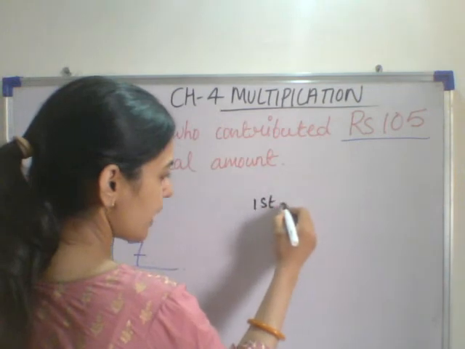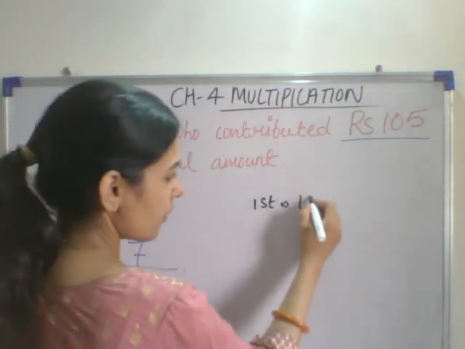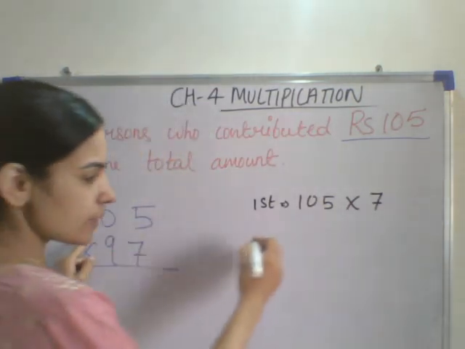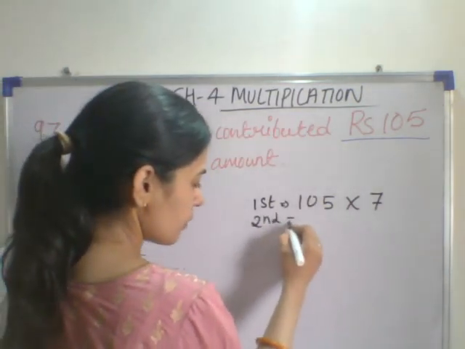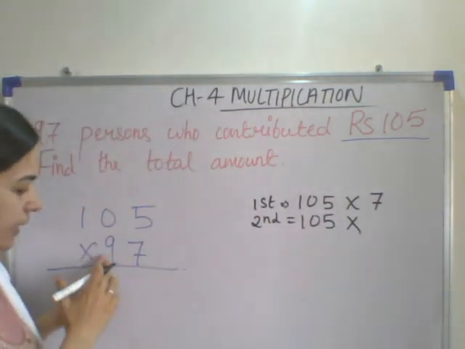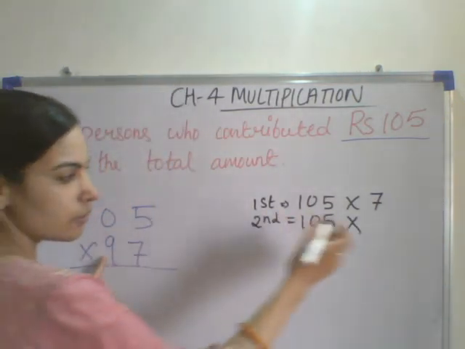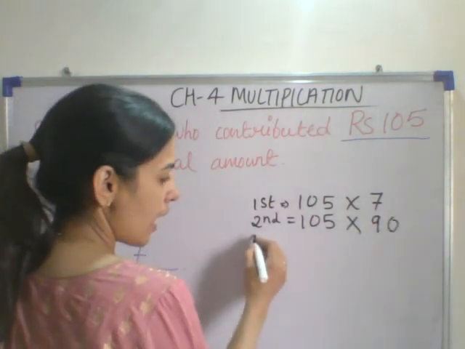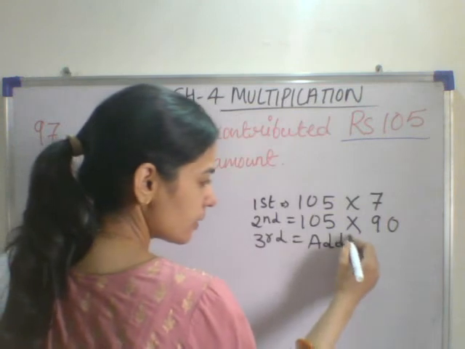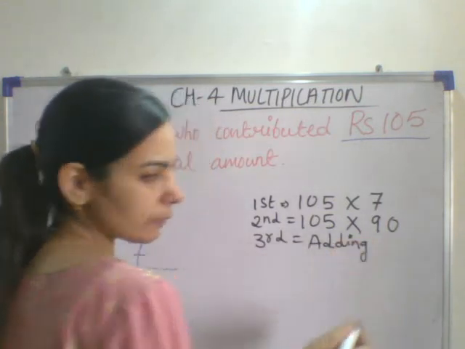Here in the first term, we will be multiplying 105 with 7. In the second term, we will be multiplying 105 with 90. And in the third term, we will be adding the two numbers.